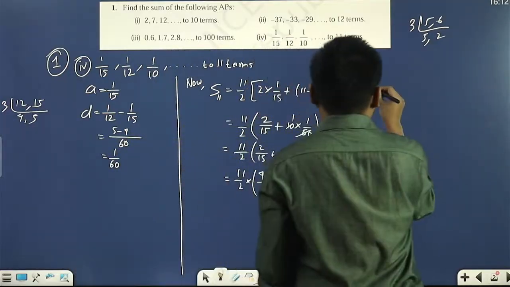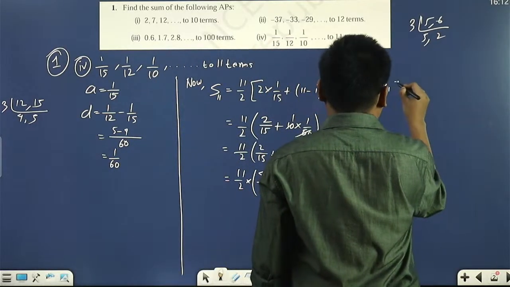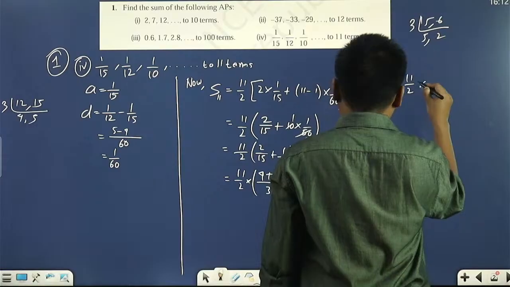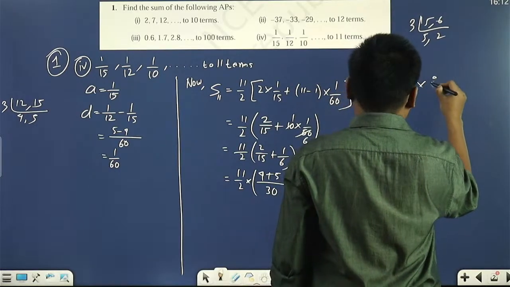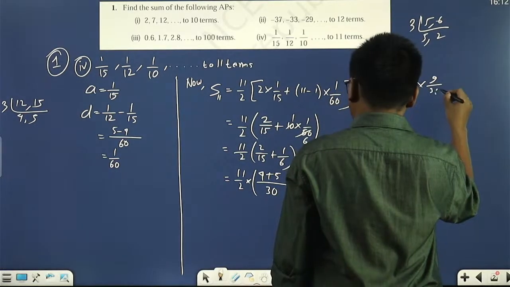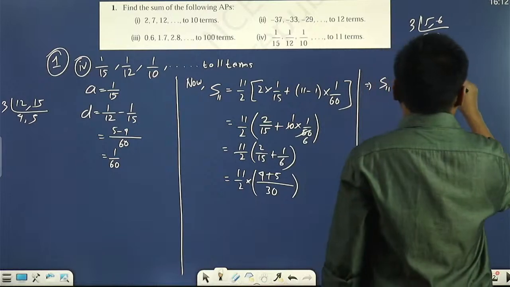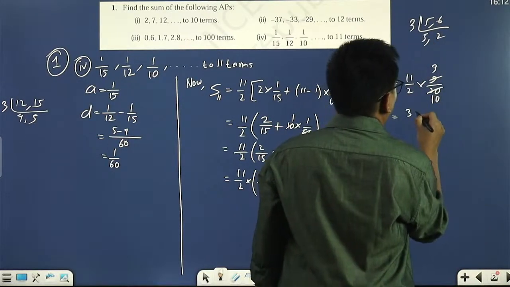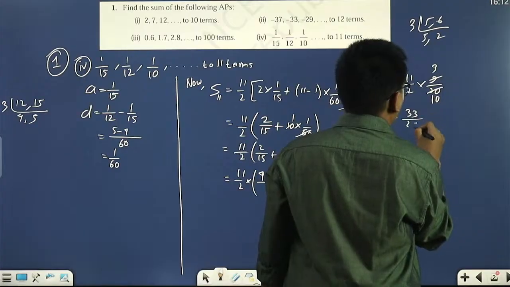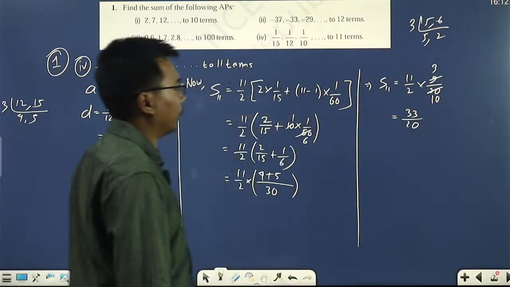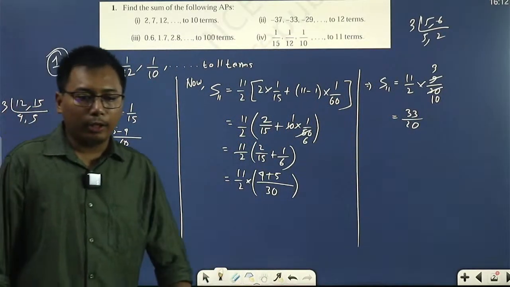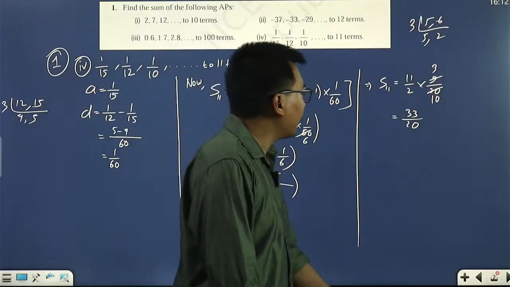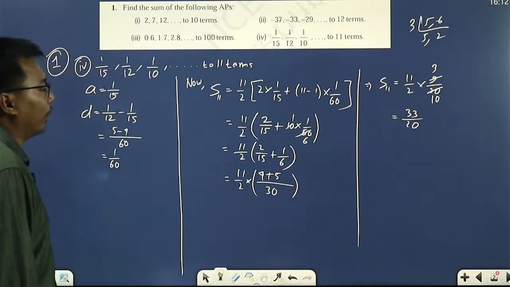So S11 will be equal to 11 by 2 into 9 by 30. So 3 3s are 9, 3 10s are 30. So 11 3s are 33 by 20. This will be our answer. S11 will be 33 by 20.